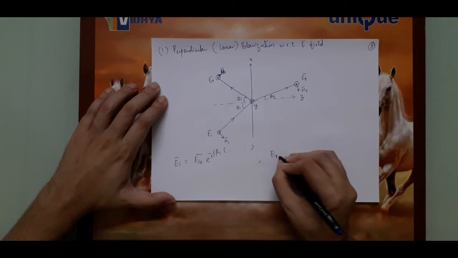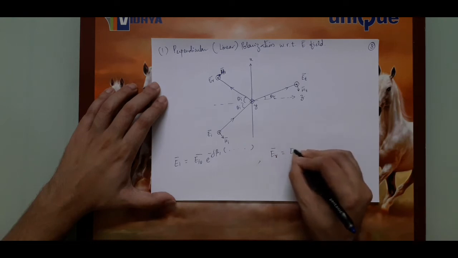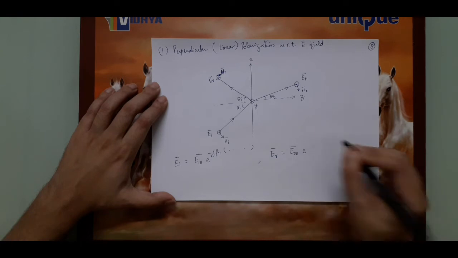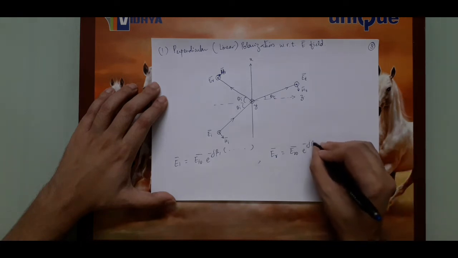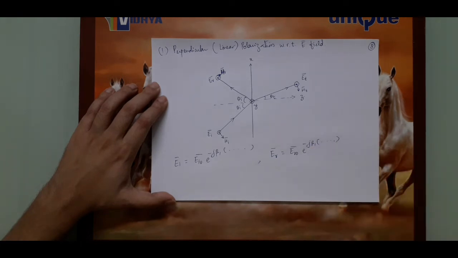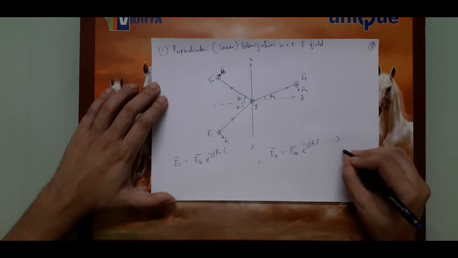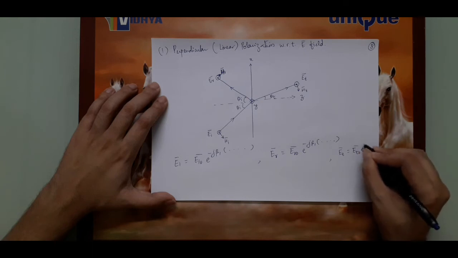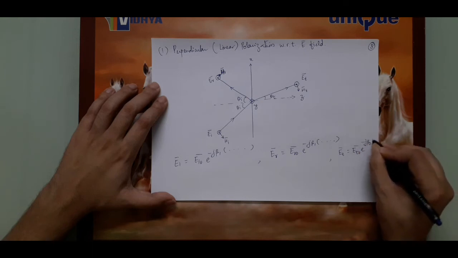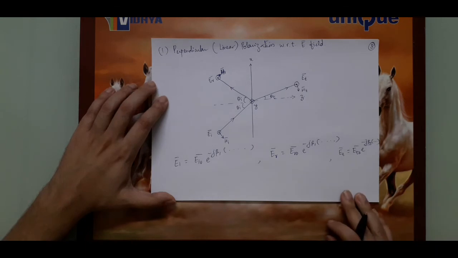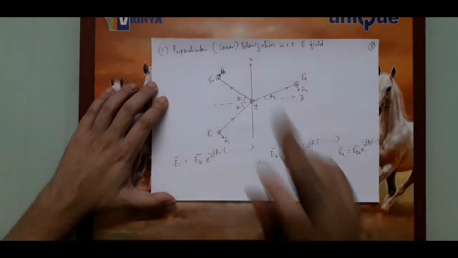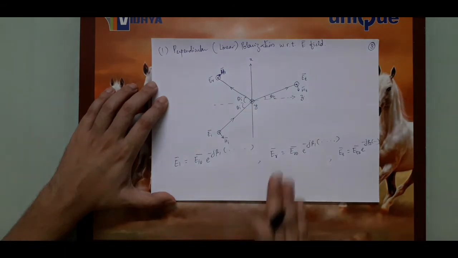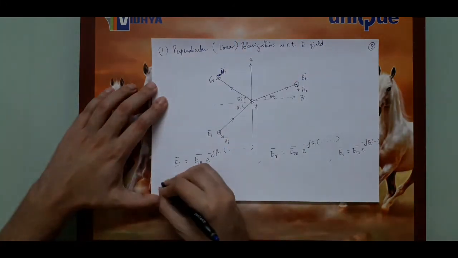Likewise, ER will be ER0 times e raised to minus j beta 1 times some direction cosine, and the transmitted field ET will be ET0 e raised to minus j beta 2 times the direction cosines. Now I am not writing the direction cosines primarily because I am interested in what is happening at the boundary.